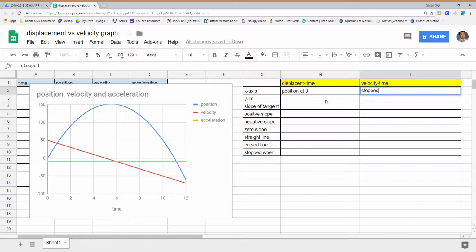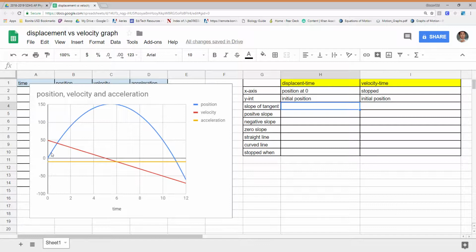The y-intercept, this is just the initial position right here. That's for both. Initial position.